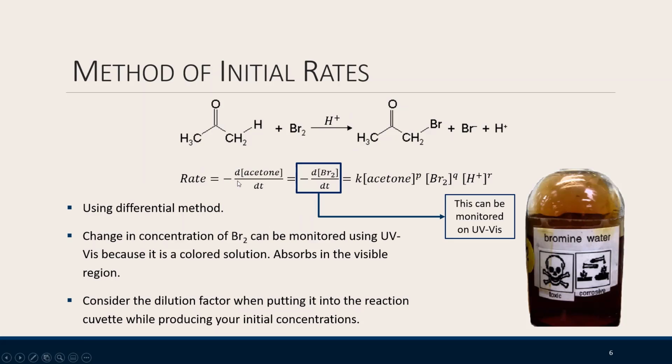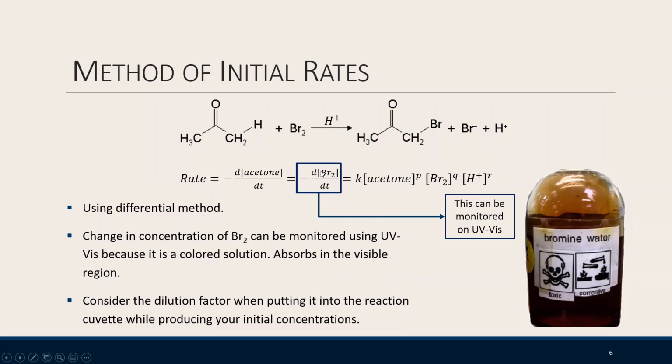The rate equals minus d[acetone]/dt, and minus d[bromine]/dt. The catalyst is also participating in this reaction. So the rate equals the rate constant times the acetone concentration to the power p, bromine concentration to the power q, and also the catalyst concentration to the power r.